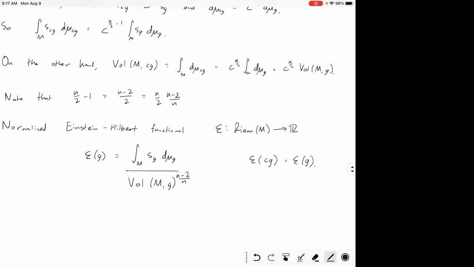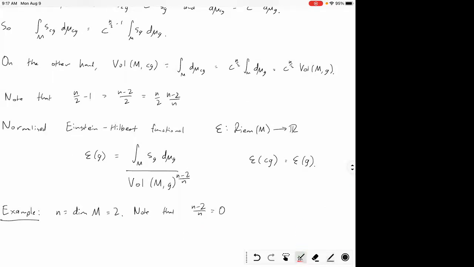So let's do an example. Let's look at n, which is the dimension of M, equal to 2. Note that n minus 2 over n is equal to 0 in this case.